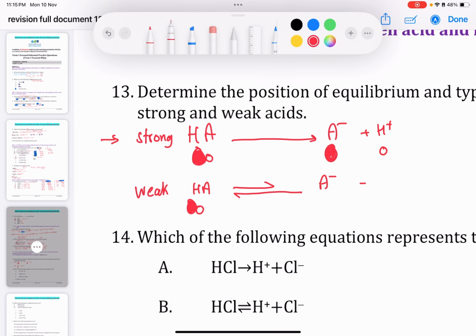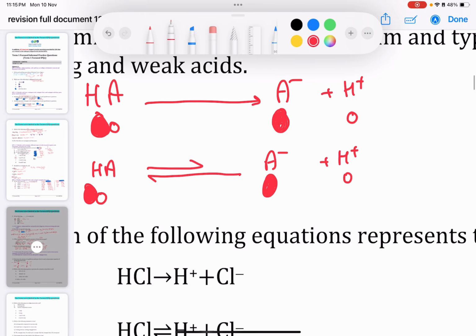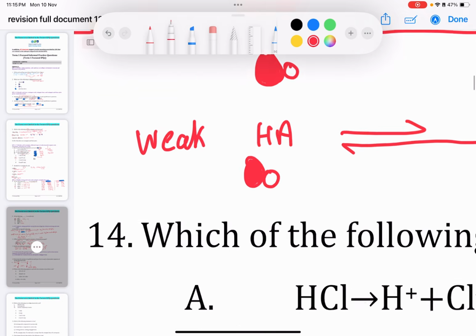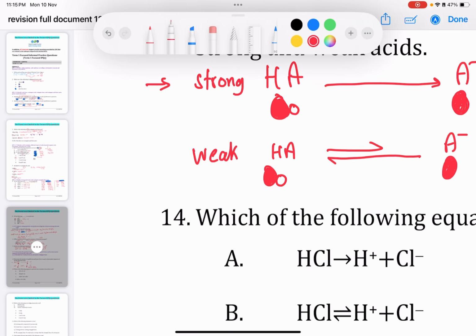But with the weak acid, when it ionizes, I don't have a lot of A minus and H plus. It's just very few ions that are obtained. The majority of the molecules remain unionized. That's why we say that the direction of the equilibrium lies to the left side, toward the unionized acid. And that's one of the reasons why we use this two-sided arrow, just to say that we still have HA.